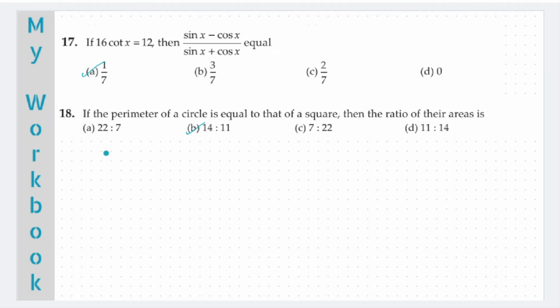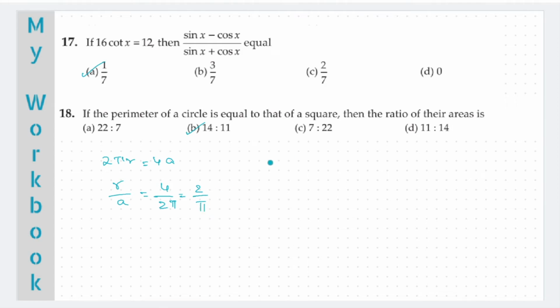Question number 18. It's given perimeter of a circle is equal to that of a square and we need to find the ratio of the areas. So 2 pi r is equal to 4a. We can write r by a as 4 by 2 pi, which is nothing but 2 by pi.